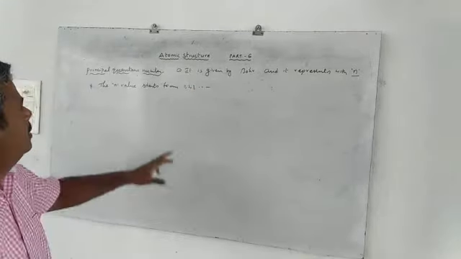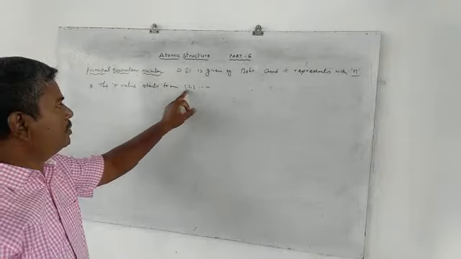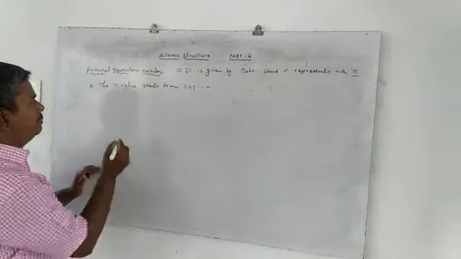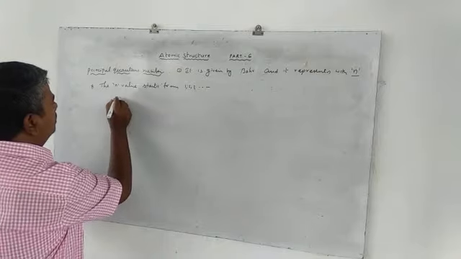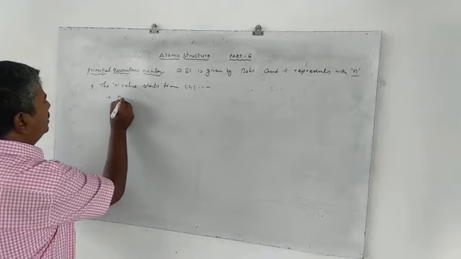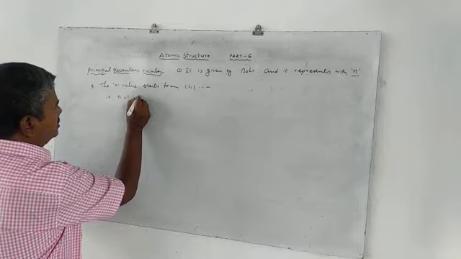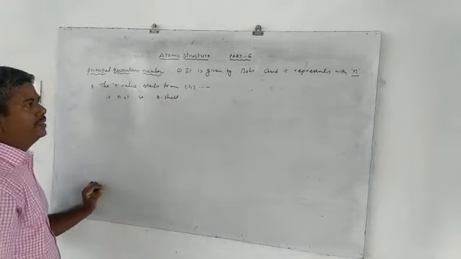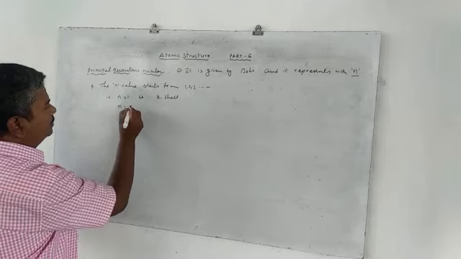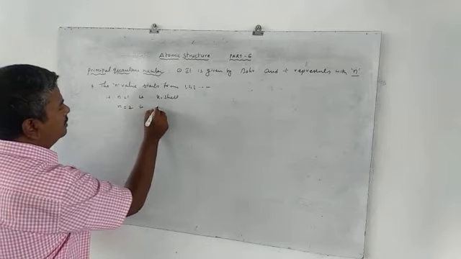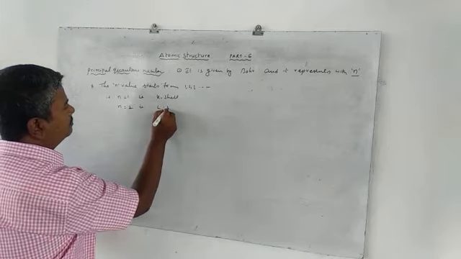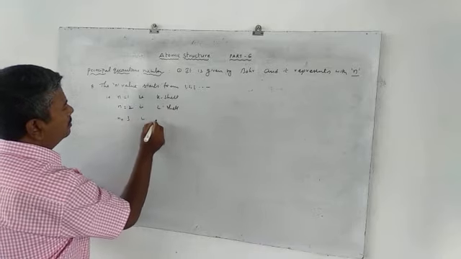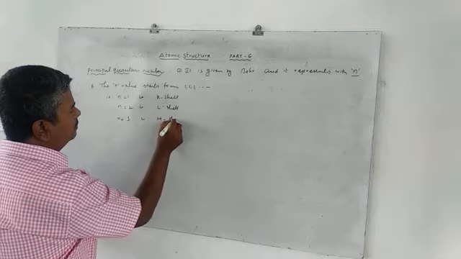Here n equal to 1 indicates the stationary shells. If n equal to 1, that is the K shell. N equal to 2 represents which one? L shell. N equal to 3 means M shell.